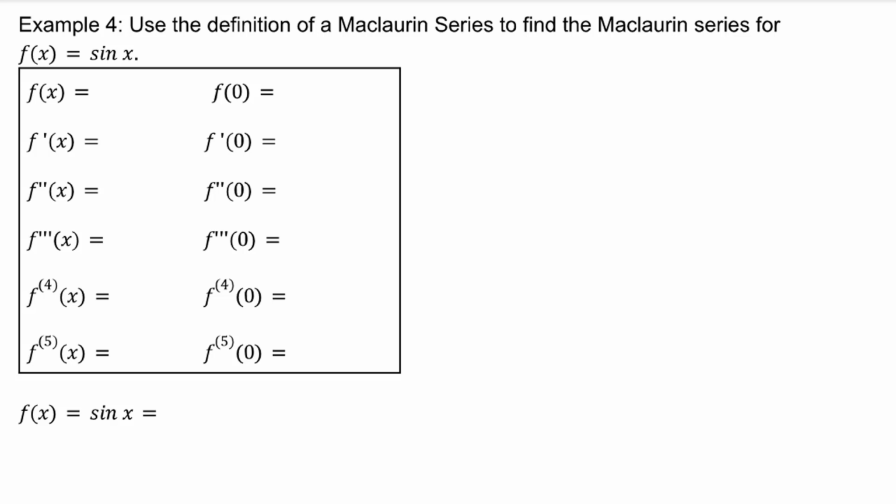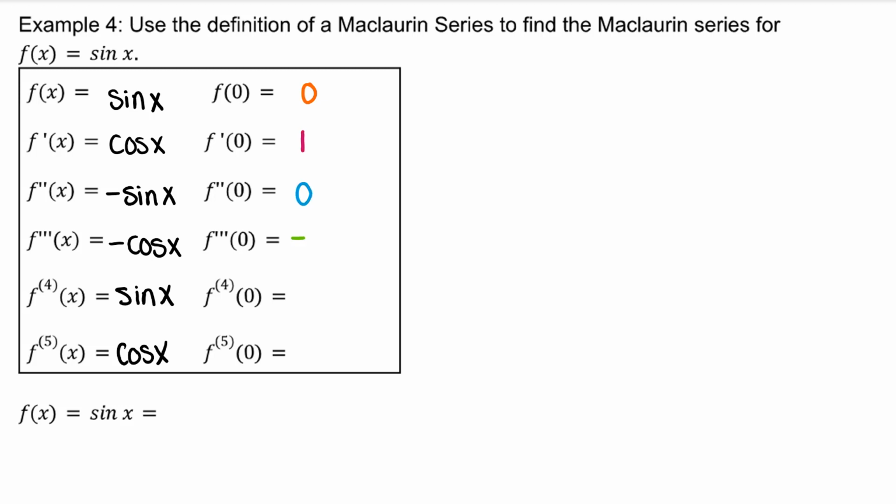For example 4, we're going to use the definition of a Maclaurin series to find the Maclaurin series for sine x. Remember, Maclaurin is a Taylor series centered at c equals 0. Begin by deriving. Now evaluate. Let's fill in our series.